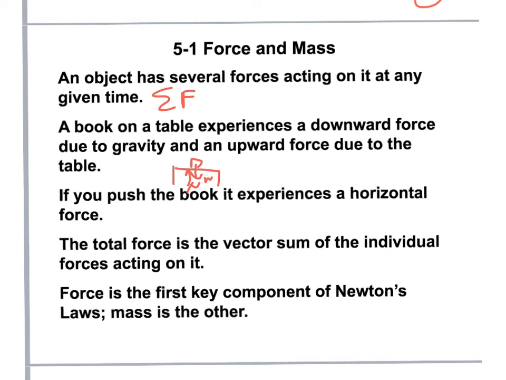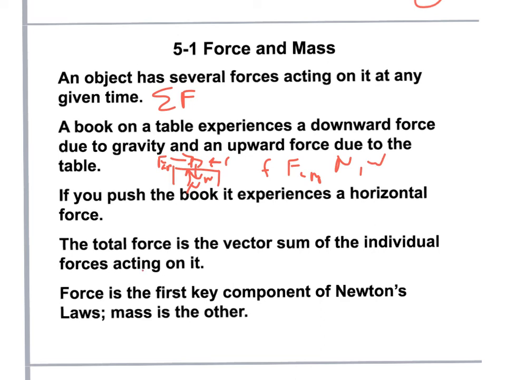But then if you push this book, that's an applied force, and that's going to be applied by your hand. And then because it's sitting on that surface, it's going to have a friction force too. So there's four forces. We have friction, we have an applied force, we have the normal, and we have weight. So they're the four forces applied to that book.